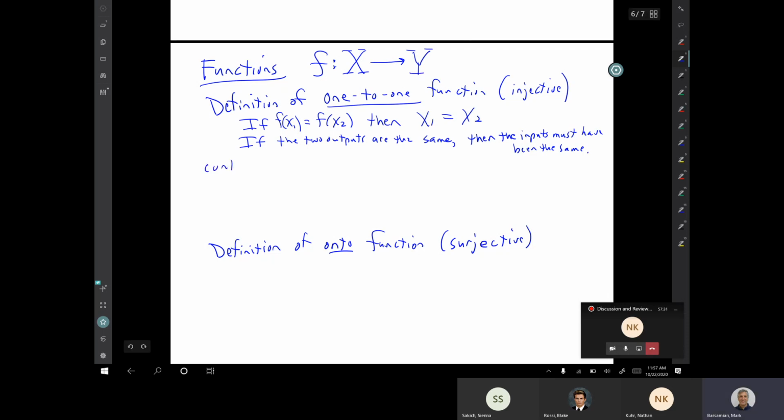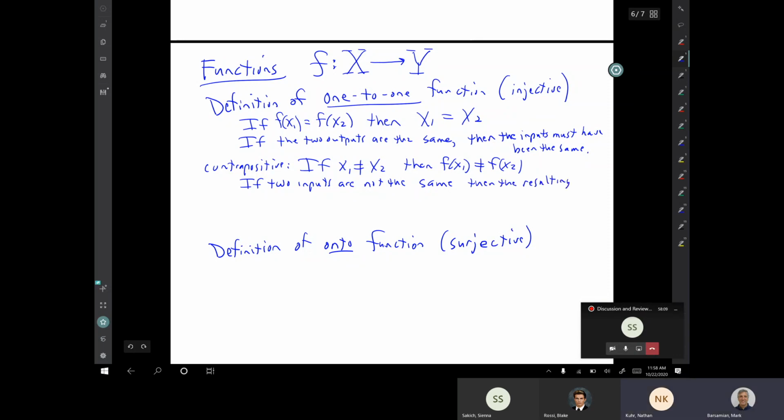Well, the contrapositive. It's this: if x1 is not equal to x2, then f of x1 is not equal to f of x2. So that would be, if two inputs are not the same, then the resulting outputs are not the same. We're going to come back to that.